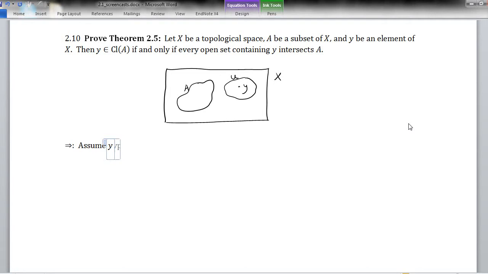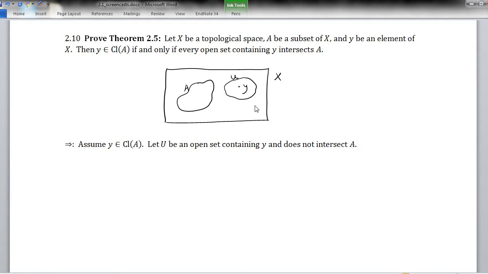For that, we will assume that Y is in the closure of the set A. And we've got to prove that every open set containing Y intersects A. So let U be an open set containing Y. And I'm going to do proof by contradiction. So suppose that it contains Y, but it does not intersect A. Okay? It does not intersect the set A.